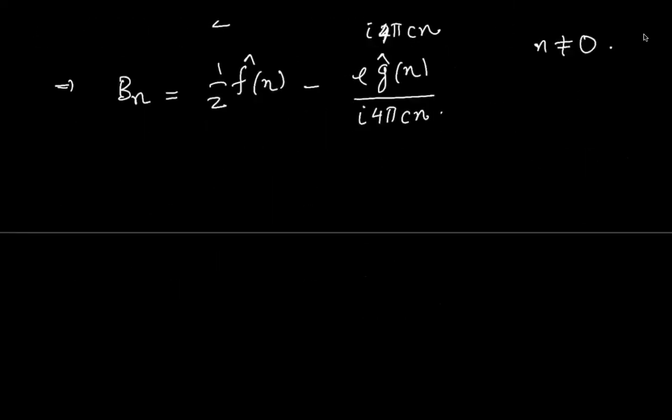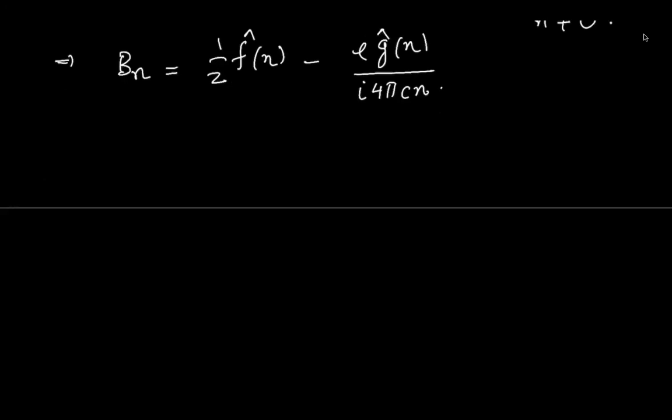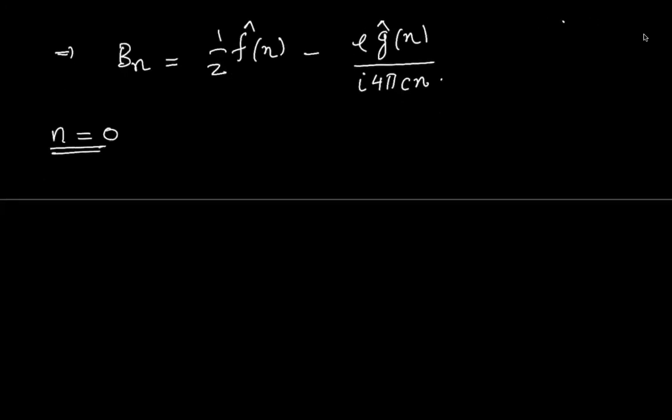Let's see what happens when n is equal to 0. When n is equal to 0, your solution c_n(t) is just At plus B. That's your solution. And therefore, what is c_n(0)? It is just B. What is B?